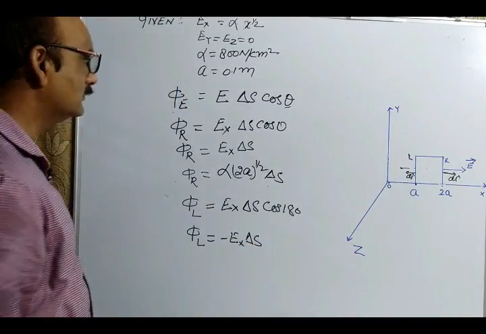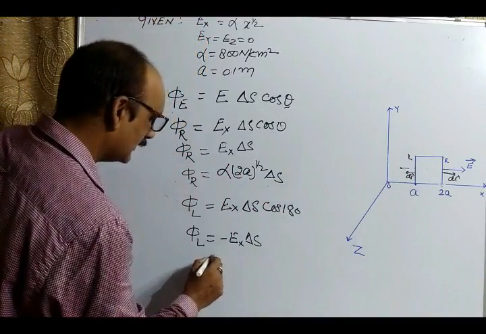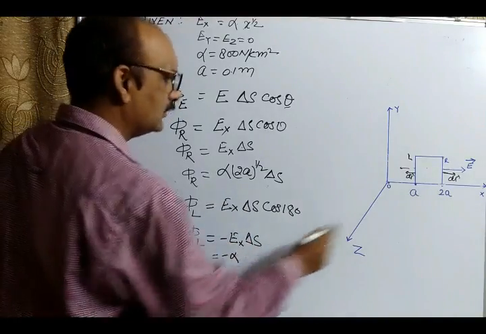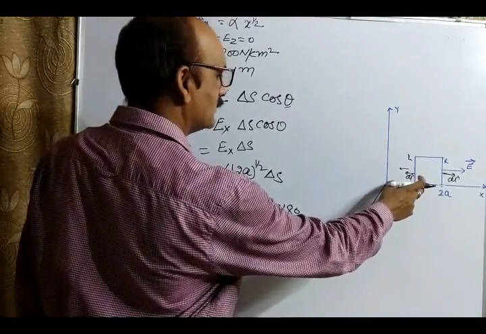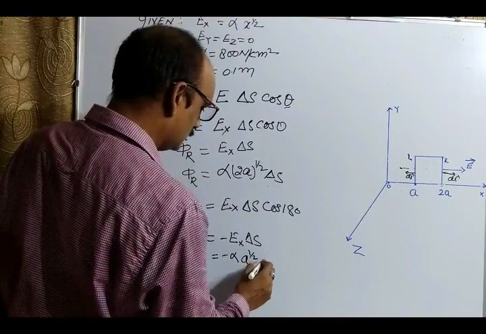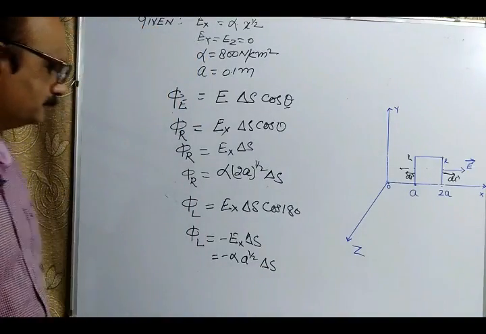And for this surface, Ex will be minus alpha, the value of x is how much? A to the power half delta S. Okay.